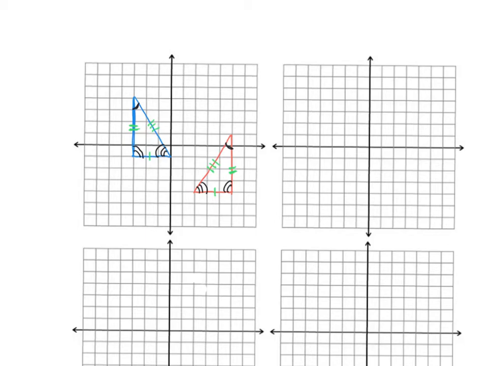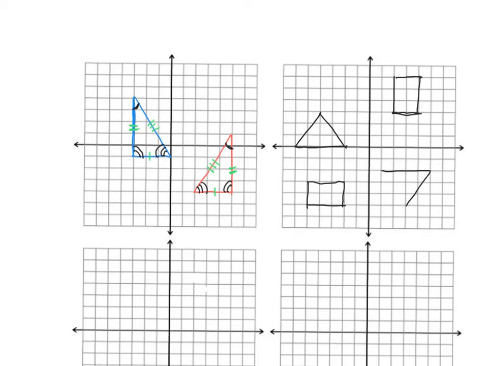Let me draw a series of shapes for you. So if I had a shape that looked like this, another shape that looked like this, and another shape that looked like this. Imagine all the lines are straight here in this particular set of images.